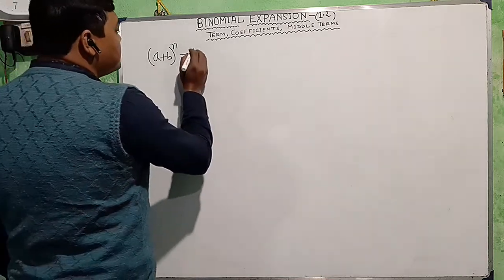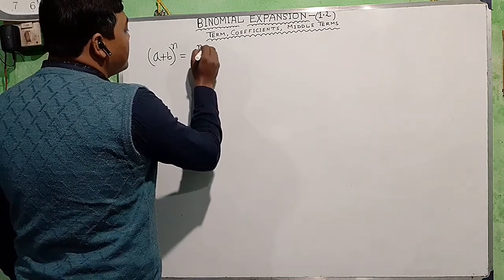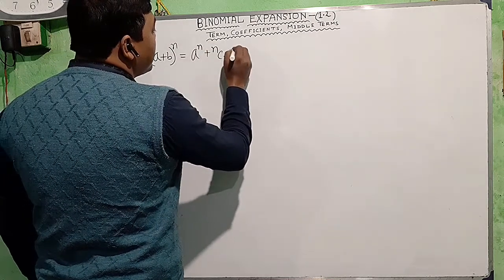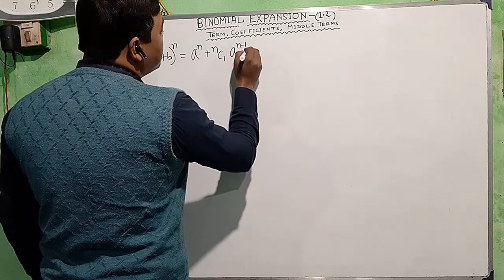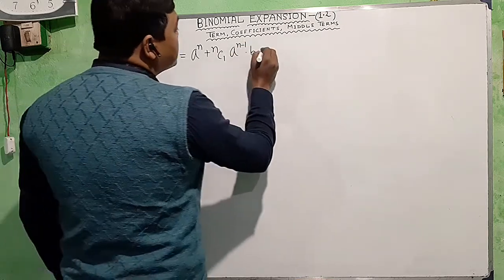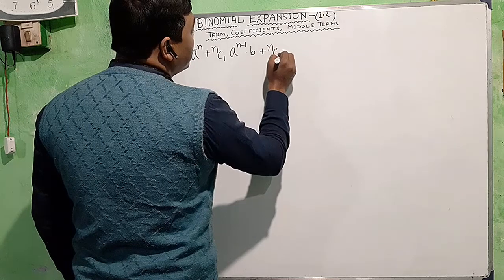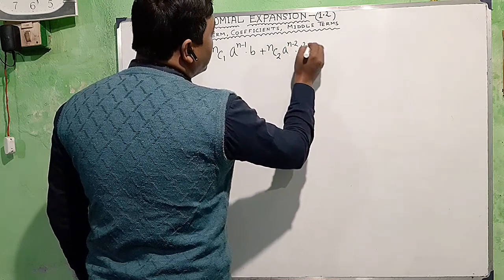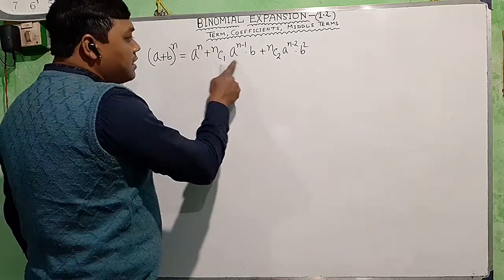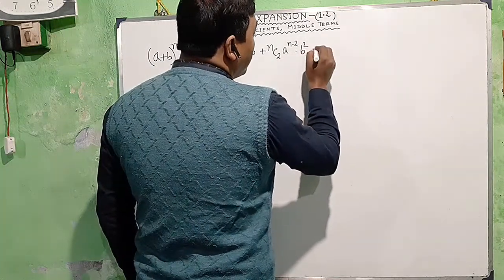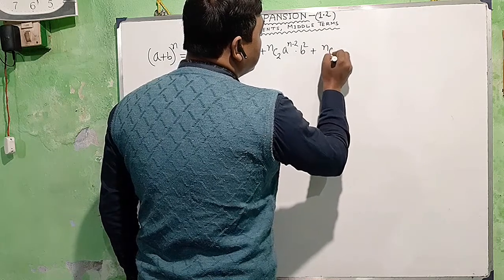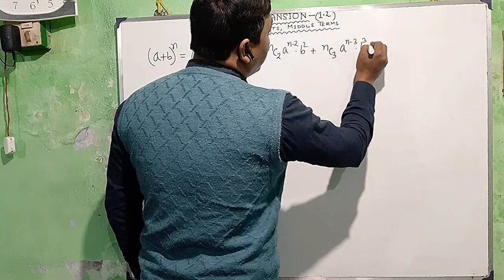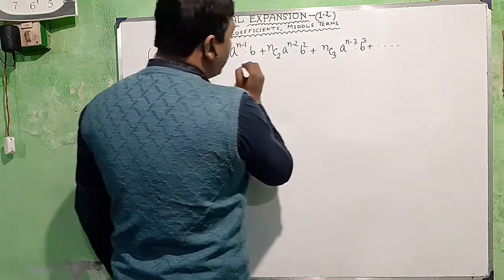The expansion is a to the power n plus nC0, nC1 a to the power n minus 1 into b, plus nC2 a to the power n minus 2 into b square. This is the first term, second term, third term, then nC3 a to the power n minus 3 into b cube, and so on.